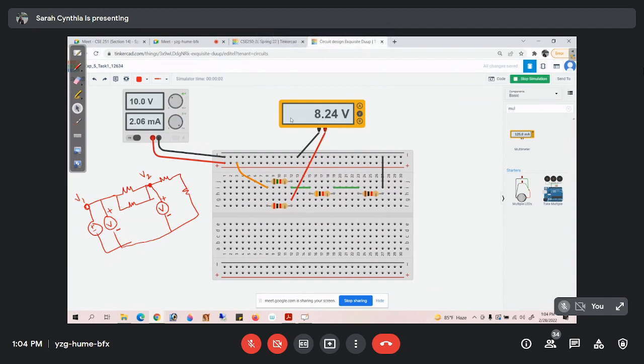As you can see, the voltage is 8.24 volts for my case. So it's the voltage of V2. Please everyone note it down. The voltage at node 2 is 8.24 for my case, and for your case, you can put whatever you have from your circuits.